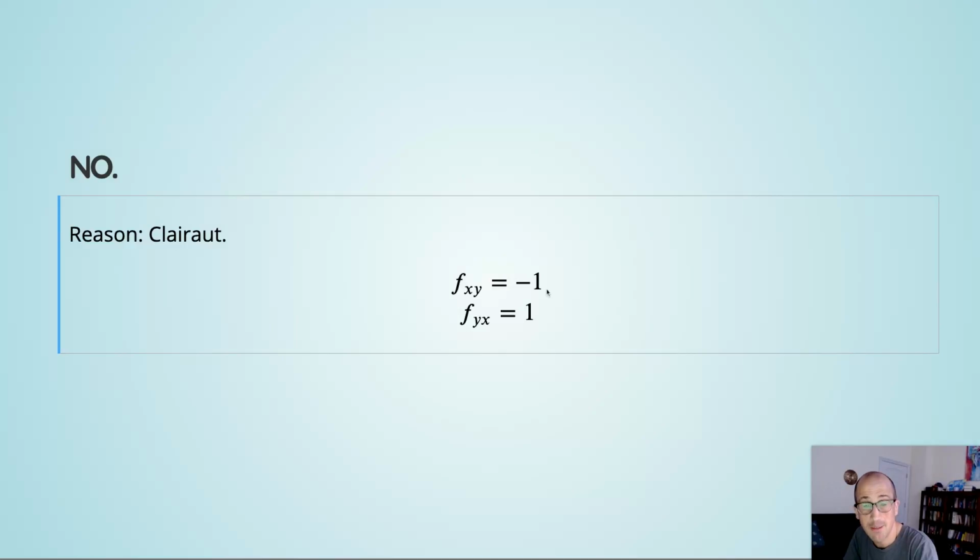Those are not the same thing. So what's the conclusion? There can't be any differentiable function anywhere whose y derivative is x and whose x derivative is minus y. It simply doesn't exist. So those signs really mattered. It's not conservative.